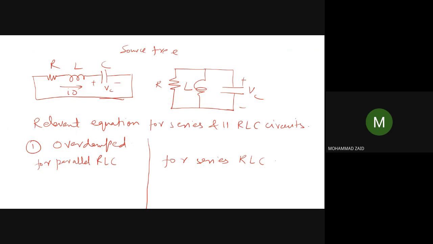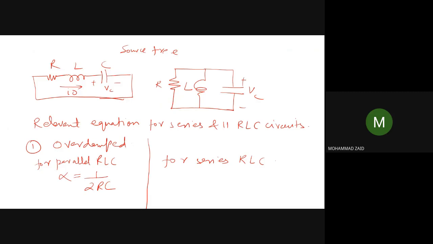For the parallel RLC, alpha is equal to 1 over 2RC, that we have already gone through.